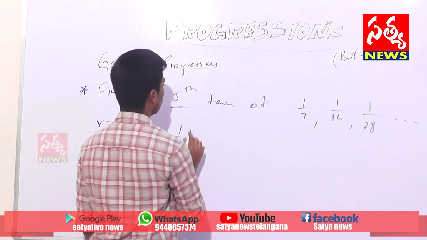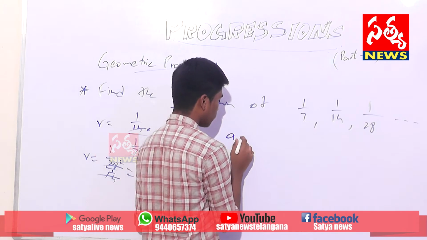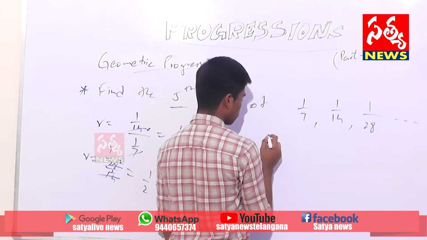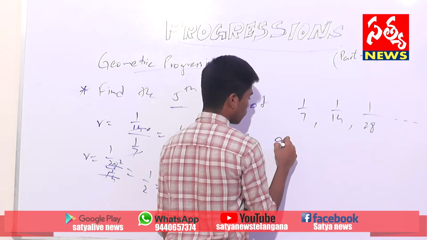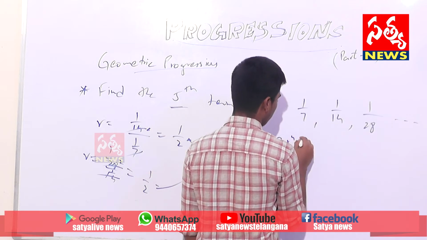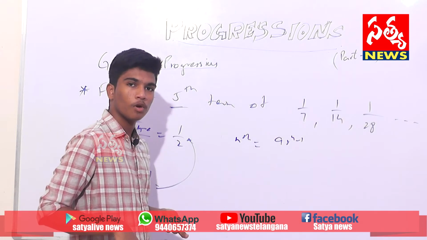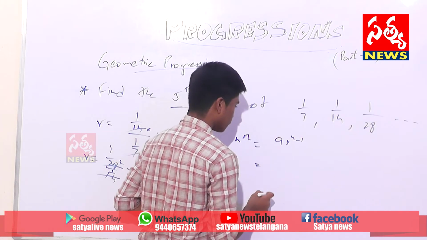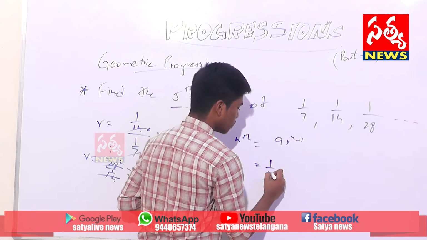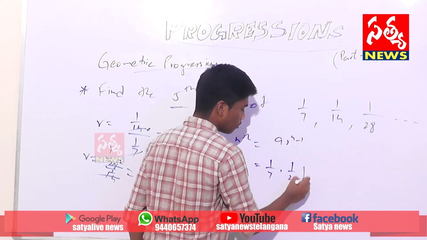Now we require the fifth term. As you know the formula, nth term is equal to a r power n minus 1, right? A is the first term. In any AP or GP or HP, a is the first term always. Now nth term is equal to a is 1 by 7, into r is 1 by 2, whole power.